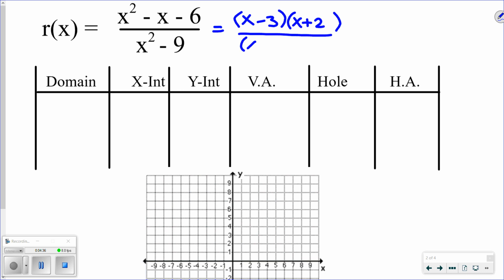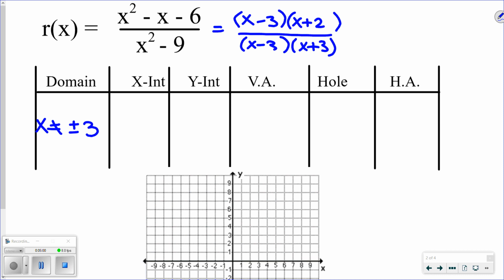And then the denominator will factor into x minus 3 times x plus 3 using difference of squares. Okay, so remember, domain, we'll start there. x cannot equal the zeros of the denominator. The zeros of the denominator are positive and negative 3.